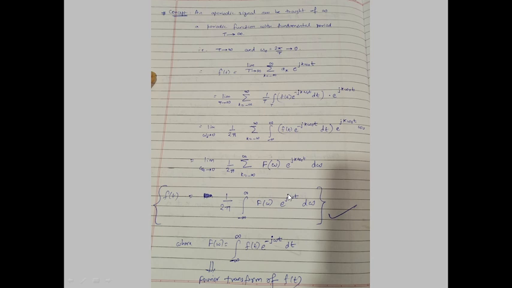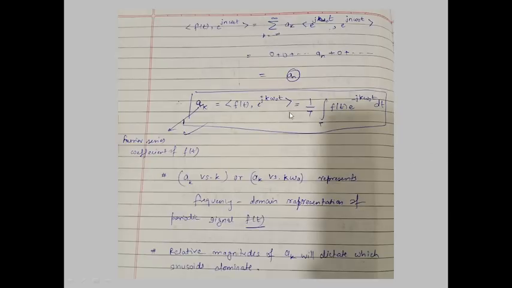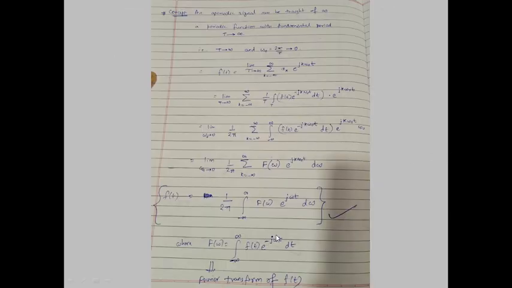So the important difference is that here we had discrete frequencies, integral multiples of the fundamental frequency, but here we have the entire range of omega from minus infinity to infinity, and the circled term here represents the coefficient of each sinusoid, and that is called the Fourier transform of f of t, since it represents the magnitude of each sinusoid.